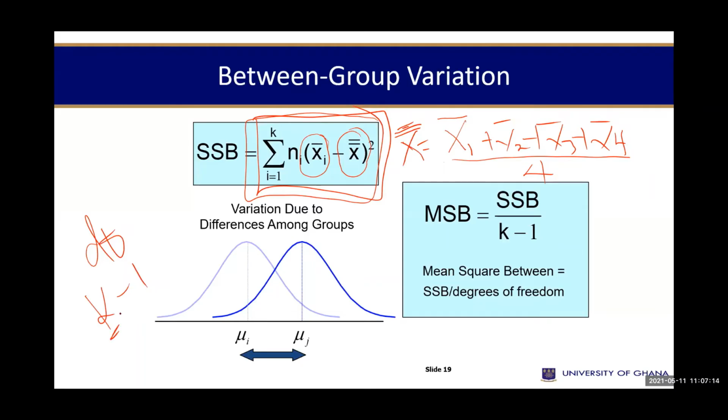If I'm able to know the degrees of freedom, which is DFB, let me name it as such, then I should go forward to compute my MSB, respective to dispersion between the sample means for the groups, which should be equal to my SSB divided by my degrees of freedom between the groups. And that takes me to this point.